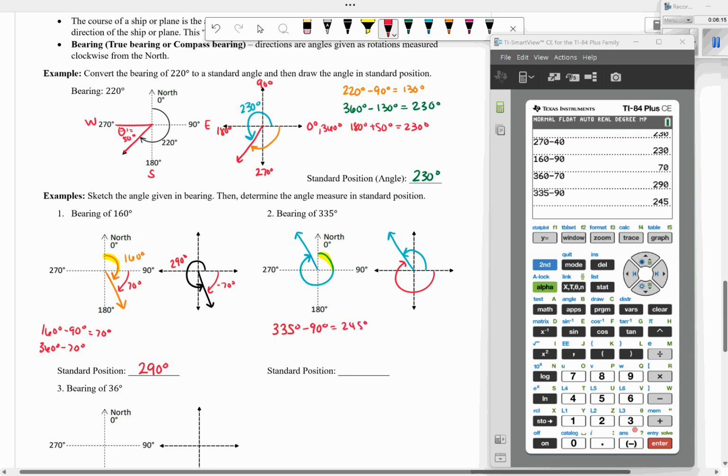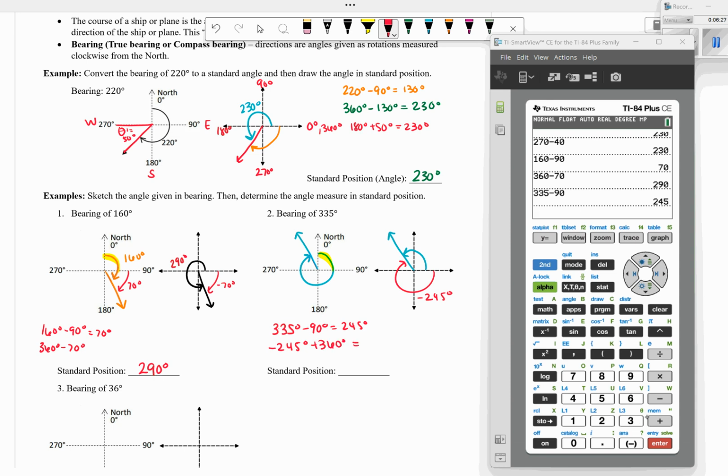So that means this would be a negative angle measurement of 245 degrees. So if we want the coterminal angle, remember coterminal angles, you add and subtract 360. So 245 degrees plus 360 degrees is equal to 115 degrees.